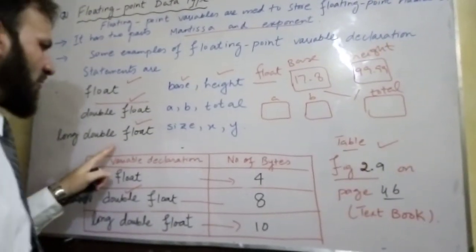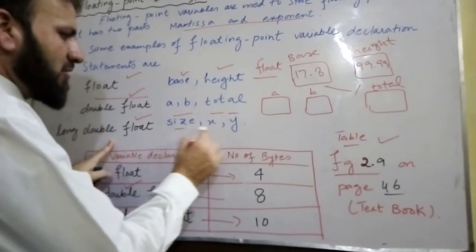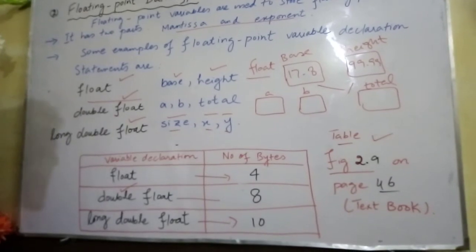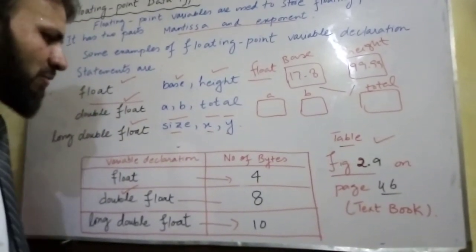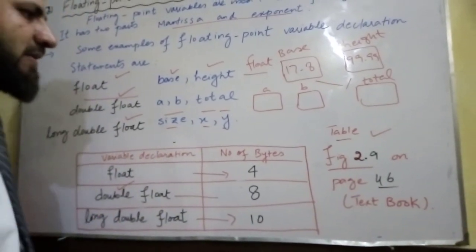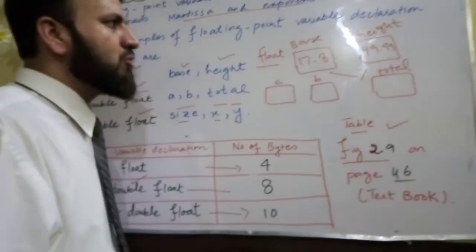Similarly, long double, for example x, y, and again a third variable, have data type long double, and we can store even larger values, which have number of bytes equal to 10. This table is given in figure 2.9 on page 46 of your textbook.